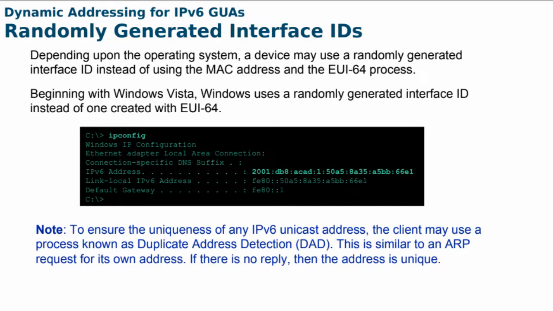Remember, with ARP you give the IP address and it gives you the MAC address. So the device, to make sure its address is unique, will put the address out. If it receives a response, this means someone has this address. If there is no response, then it's unique. So that is similar to ARP.